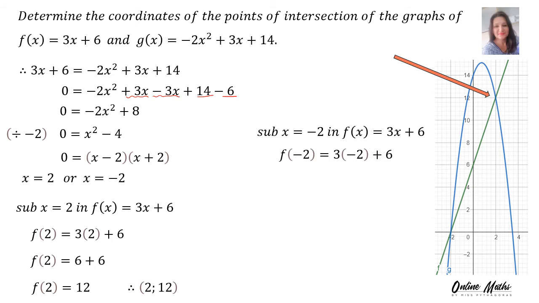So when I substitute in x's place minus 2, I end with f of minus 2 is equal to 3 times negative 2 plus 6, which is negative 6 plus 6, which is 0. So f of minus 2 is 0, translates to the coordinate negative 2 and 0. And when you go to your sketch, indeed, that is the other place where the two graphs intersect.